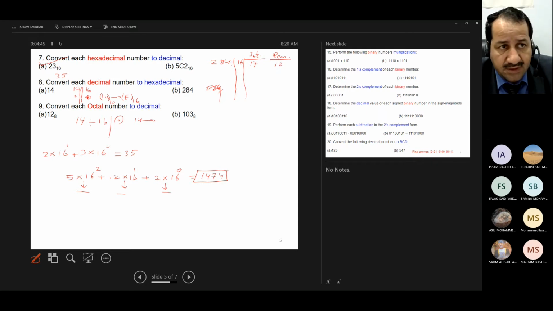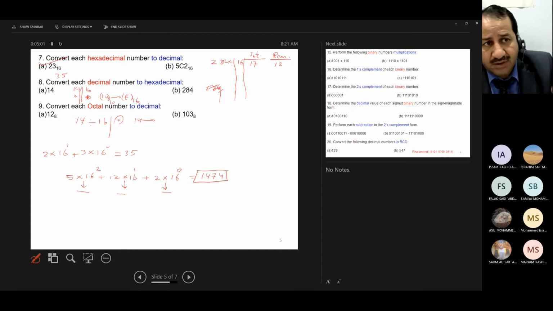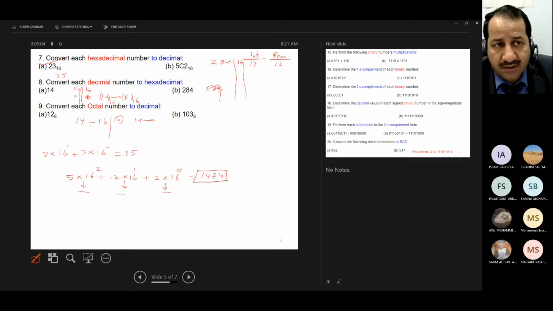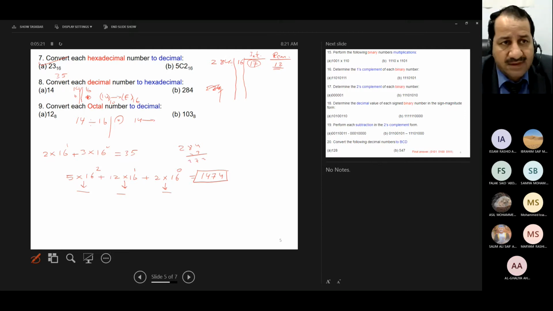It means what I did, I subtracted 12, because if I divide 284 by 16, I have a fraction. 283 divided by 16, another fraction. 282, 281, 280, and so on. I try to subtract until I get an integer number. So when I subtract 12, which is the remainder, then what is left? 284 minus 12, it means 272. So when I divide 272 by 16, it gives me 17. You see? And this is the remainder.